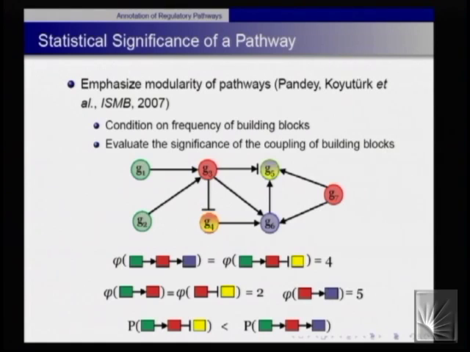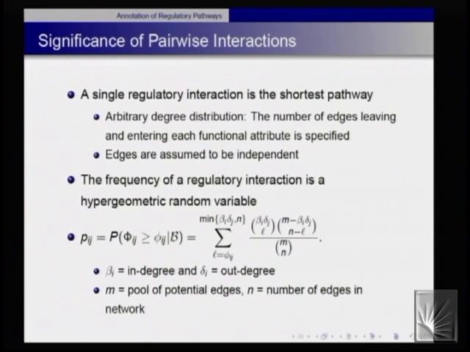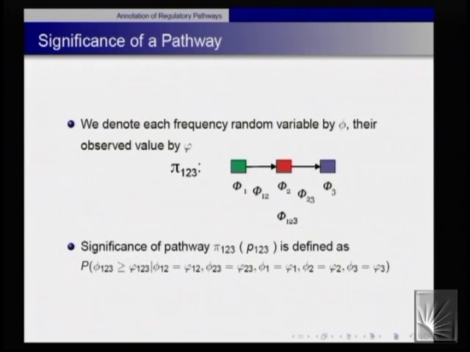Our statistical model should capture this. For this purpose, we propose the hypergeometric model, where the significance of a path is defined as the probability of observing this many occurrences of this path given the occurrences of the edges and the nodes.